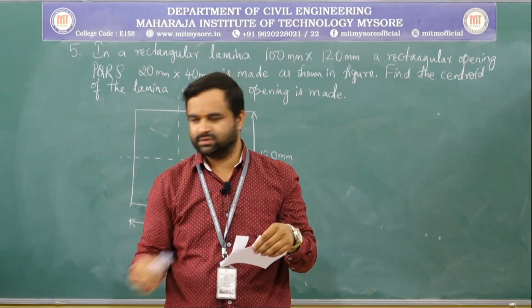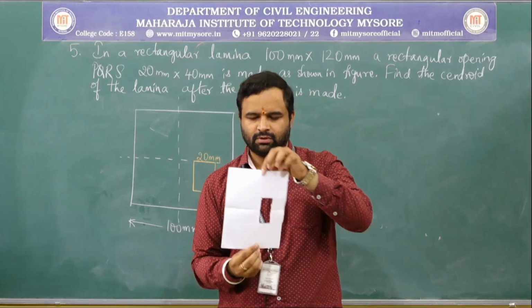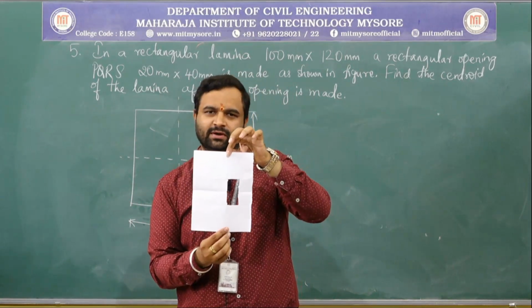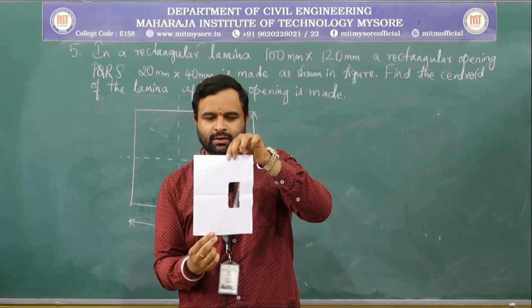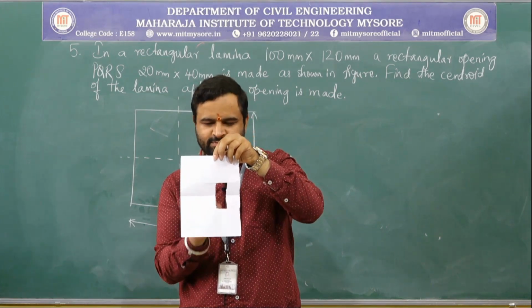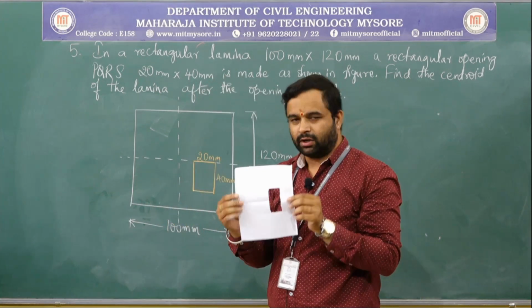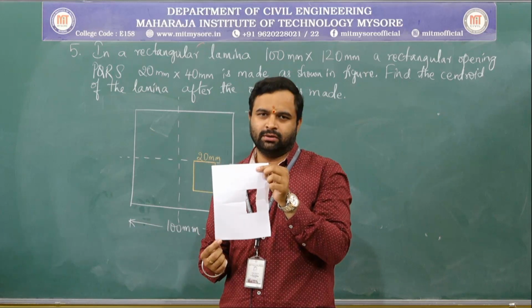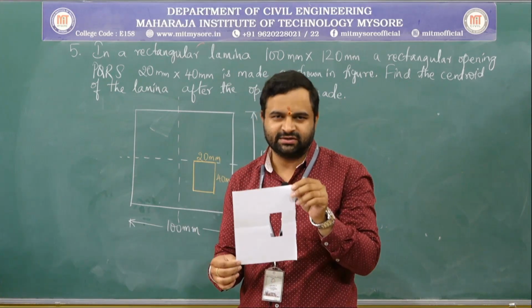Now I have removed this rectangular section. Now this is our figure. So out of the rectangle we have to cut this particular rectangle as given in the problem. So now we have to locate the centroid. Initially this rectangle was not having any cuts made.